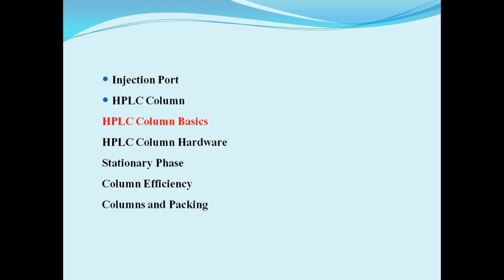Apart from resistivity to corrosion, connections and plumbing should have a very low dead volume. You can read more details about column in HPLC column basics. HPLC column basics consist of HPLC column hardware, stationary phase, column efficiency, column and packing.